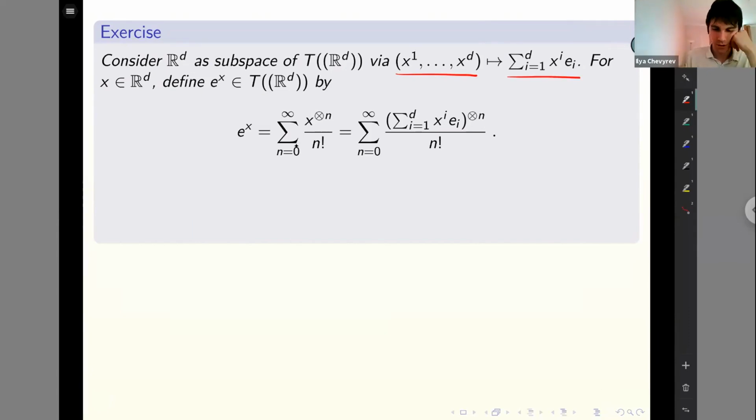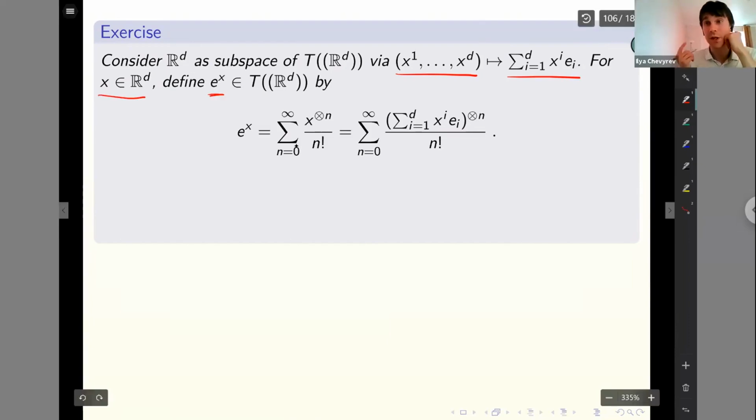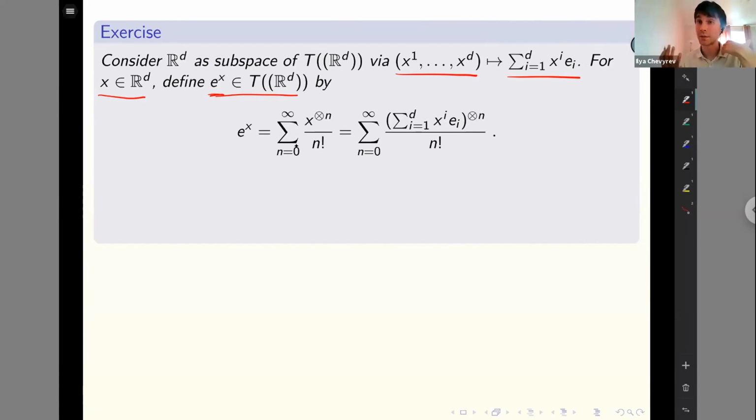Then for x in R^d, I'm going to define its exponential, but now this is an exponential that takes values in the space T(R^d). I'm going to define it exactly how I define exponentiation of real numbers, as a power series.